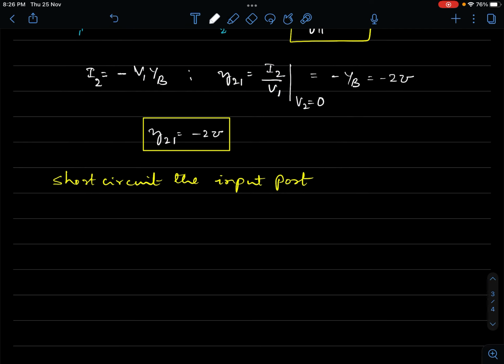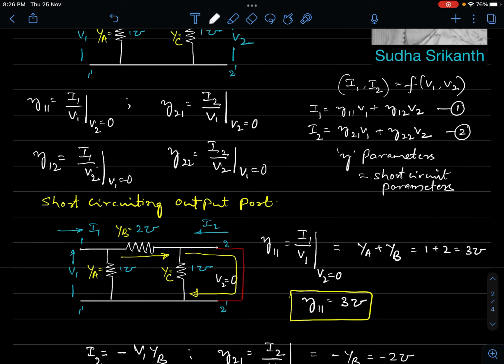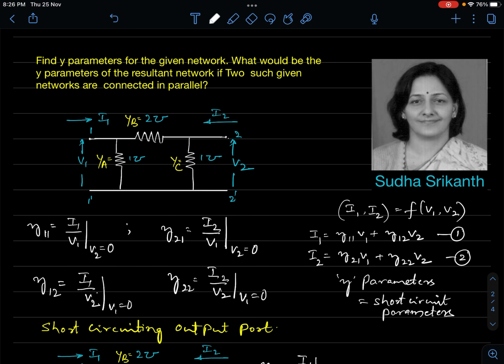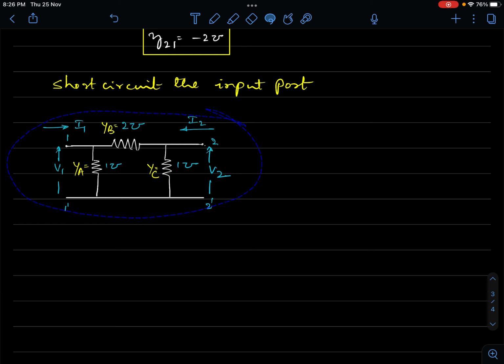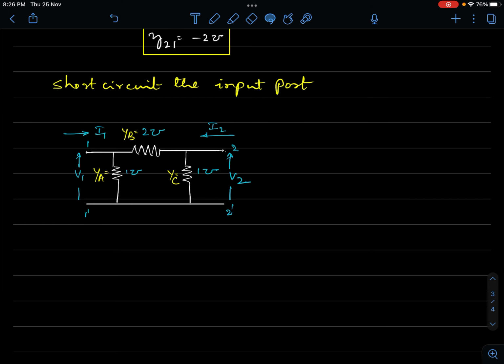What do we do for that? We will pick up the network. I'll copy the network again, copy the network and paste it.